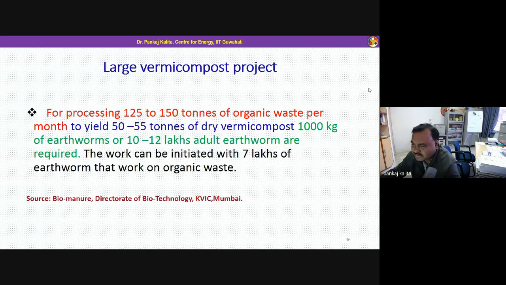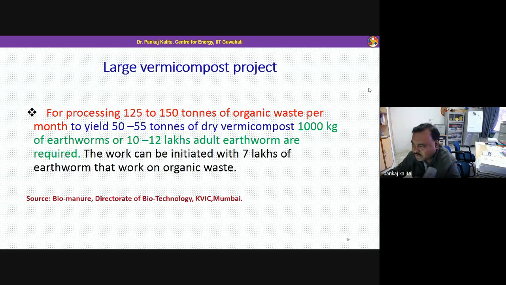And for large vermicompost projects, for example, for processing 125 to 150 tons of organic waste per month to yield about 50 to 55 tons of dry vermicompost, 1,000 kg of earthworms are required.